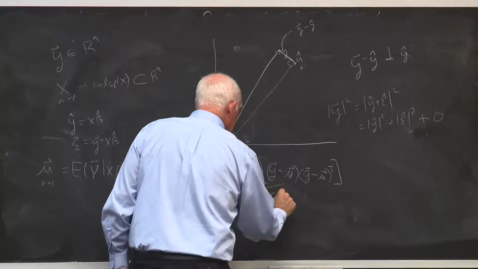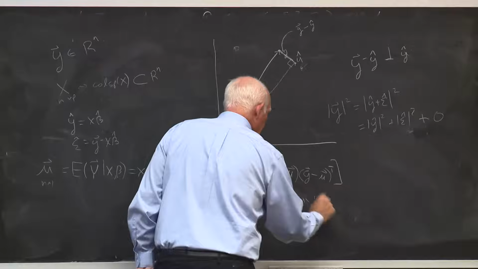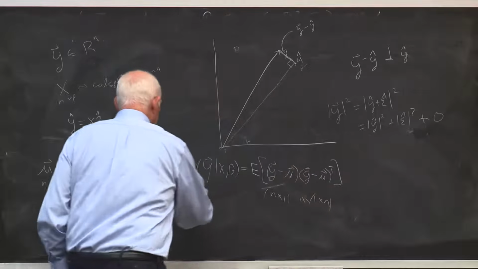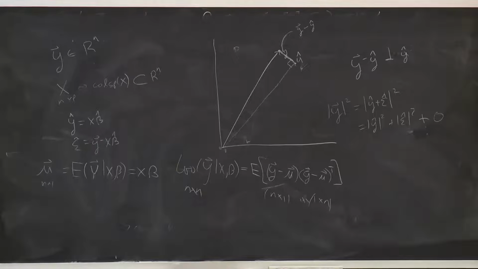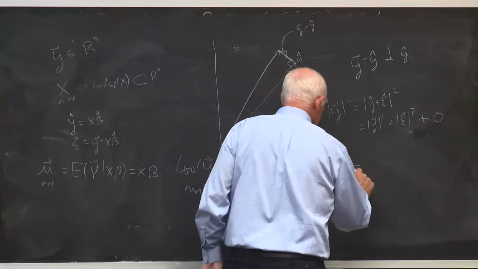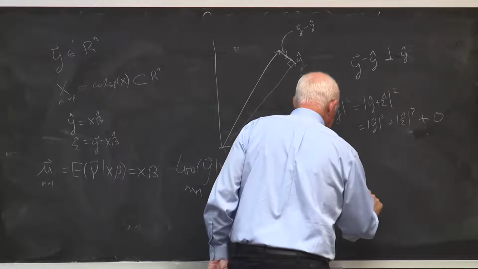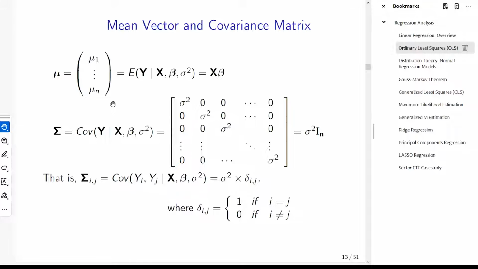And so this is an n by 1 by n term. So this is an n by n matrix. And we'll call this capital sigma, as a covariance matrix.